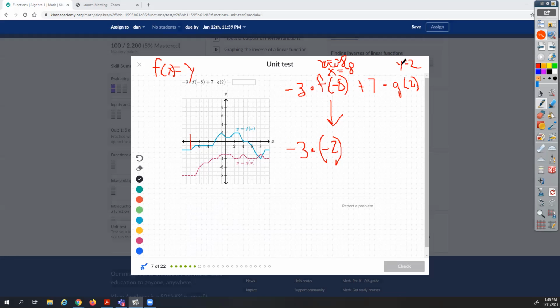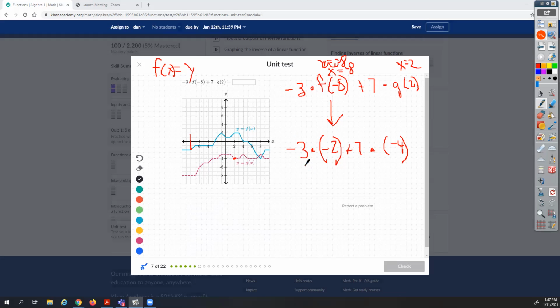And the same thing goes here when x is equal to 2 on g of x. I want to say this is plus 7 times -4. It looks good to me. This right here is -2, and this one here is -4.